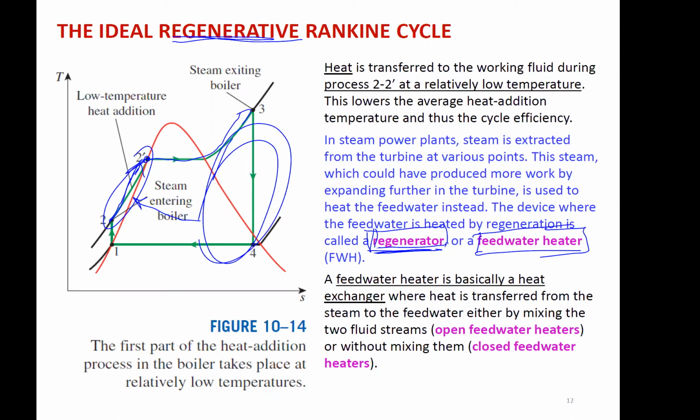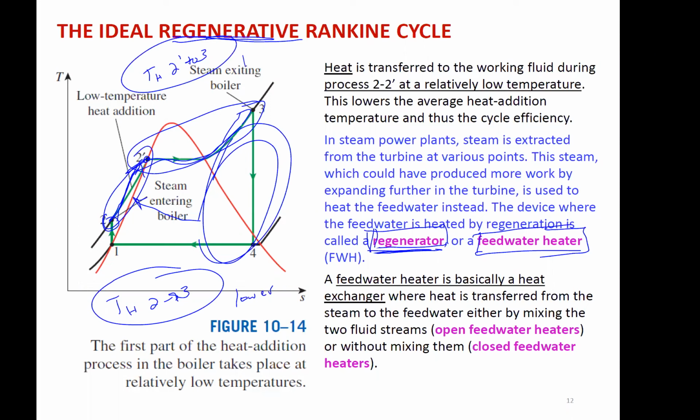So then the TH, that kind of average TH, is just from 2 prime to 3, right? Without a regenerator, that average TH is from 2 to 3. So that's all the way from here all the way up. So this one would be lower, and this is higher. So that means this is going to have a higher thermal efficiency because we're increasing the average temperature at which we're adding heat. Okay.